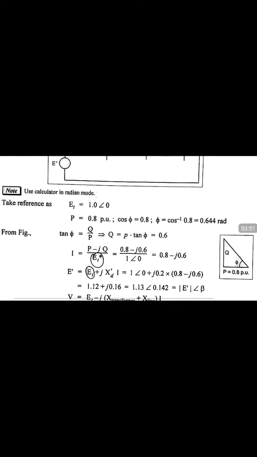Based on the power factor value, we may find the angle, that is phi equal to cos inverse of 0.8. We may use our calculator and determine it as 0.644 radians.